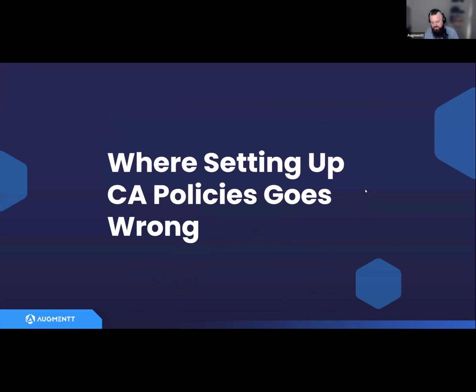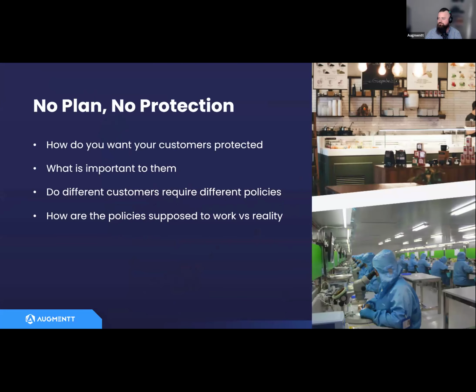So, setting up conditional access policies, and where things go wrong. The main one is no planning leading to no protection. The metaphor that I use as an information security professional is to think of it more like physical security.